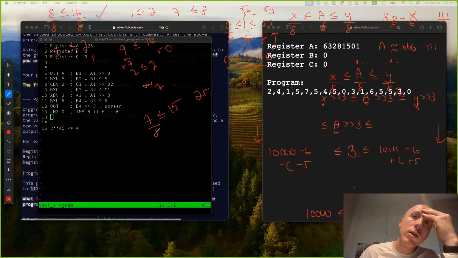If we divide these by 8, this goes down to 0, and this is 1.